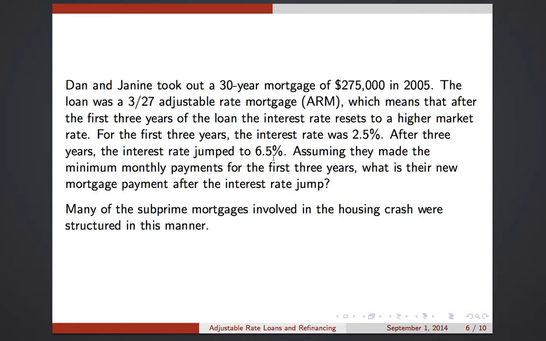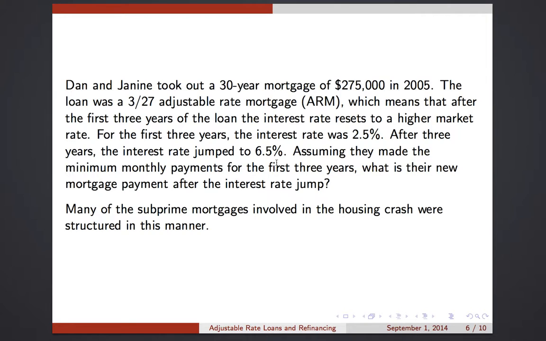So when the interest rate jumps, essentially the loan starts over, and the bank treats it like a new loan that's now 27 years long because you've already traversed 3 years. So this new loan is 27 years long, the APR is 6.5%, and the principal is how much you still owe them after 3 years.